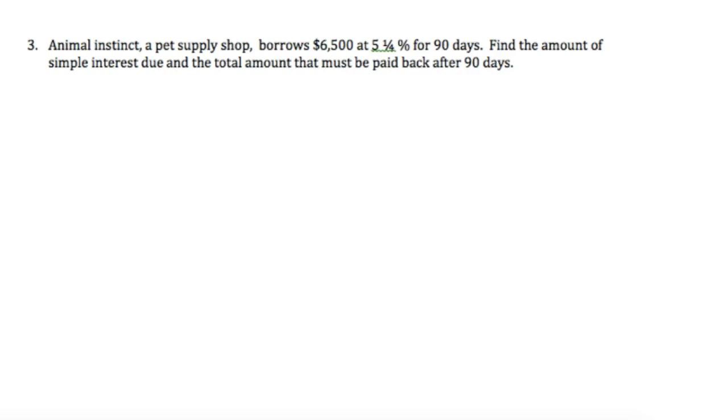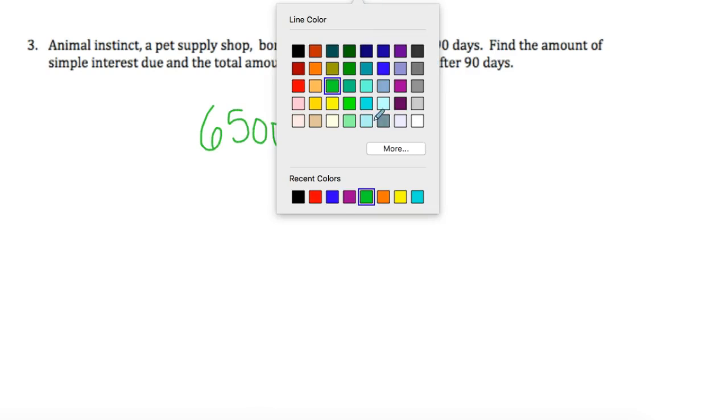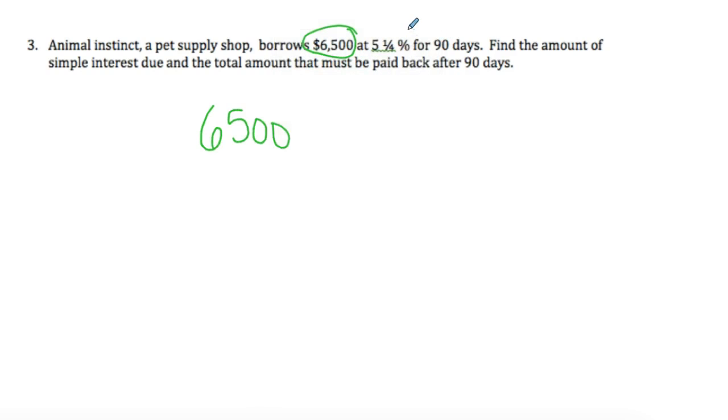Animal Instinct, a pet shop, borrows, so this is money that they owe. They borrow this much. Now I'm looking for my percent. Here is my percent, 5 1/4. 1/4 as a decimal is 0.25, so 5.25%.